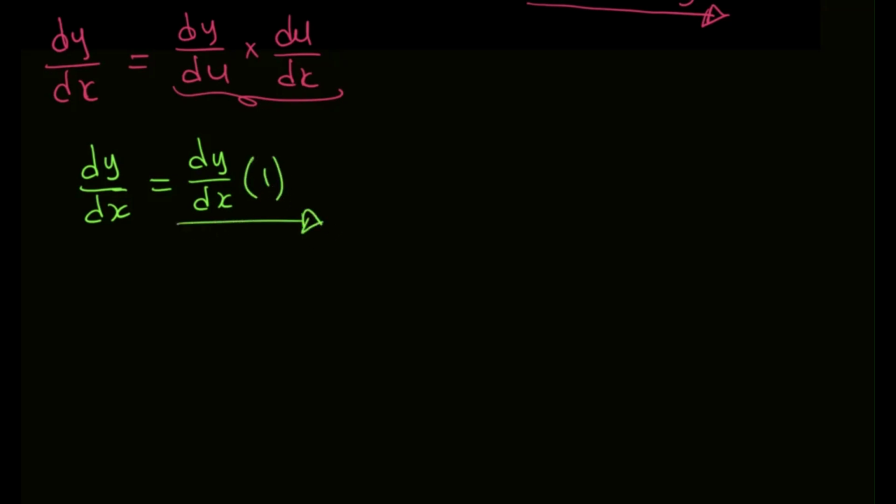What else do we know? We know that anything divided by itself will give you 1. What do I mean by that? This is what I mean. Say you decided to just write du over du, what is the answer of that? du over du gives us 1. So we can decide to take this du over du and place it in there.